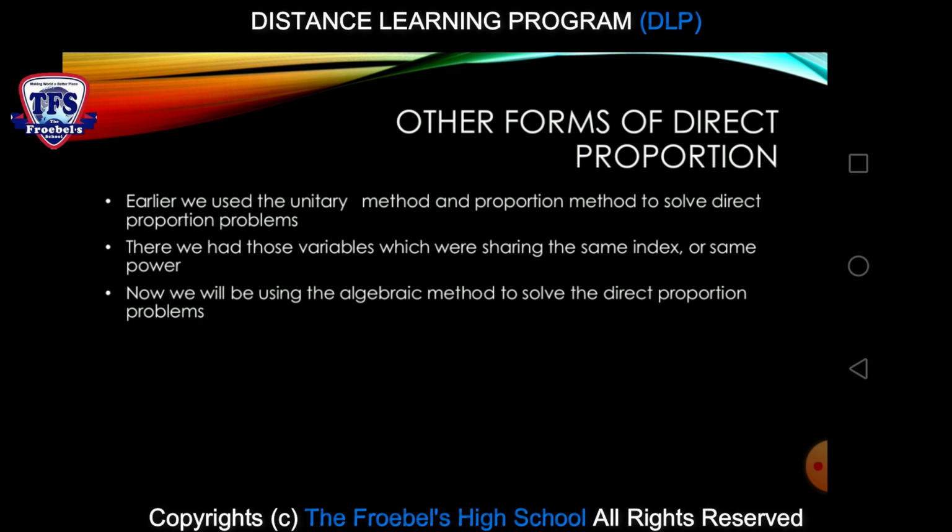We have to apply those algebraic methods which we have done in our previous classes, like in class 6 and class 7 also. We will recall all of the concepts of algebra, and we'll be applying those concepts over here to find the values of the two quantities, and then we will be plotting the values on a graph to see whether the two values are in direct relationship with each other or not.